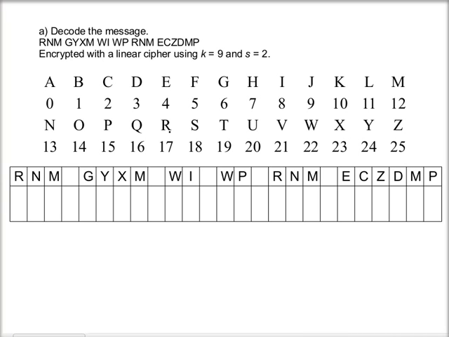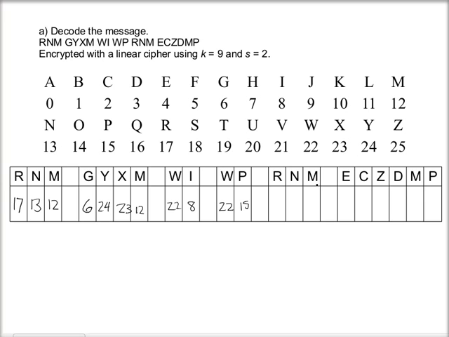If I look up R in my chart, that's going to be 17, N is 13, M is 12, G is 6, Y is 24, and I get 23, and M is going to be 12, W is 22, I is 8, we've got another W, 22, P is 15.